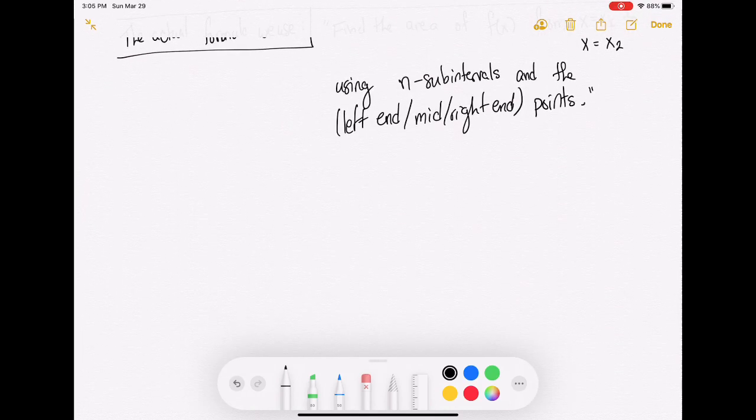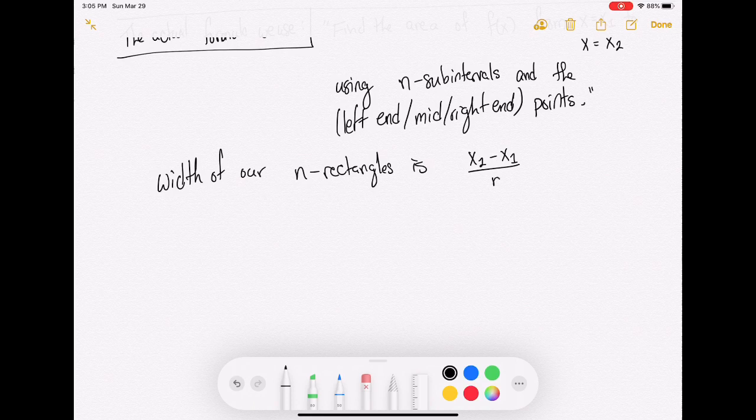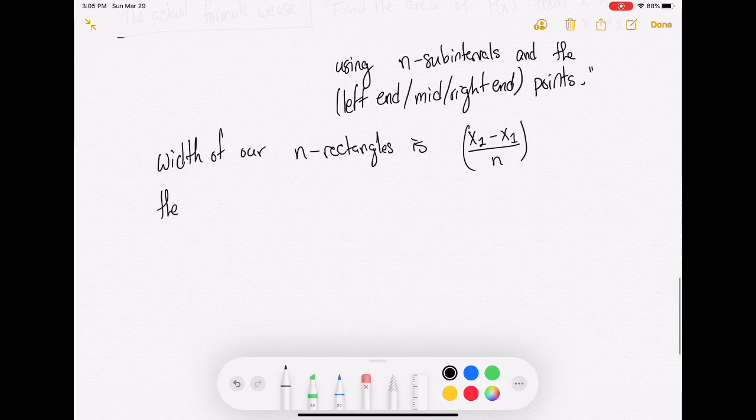So the width of our n rectangles is the same as before. It's x2 minus x1 divided by n. The height of each is f of some point.